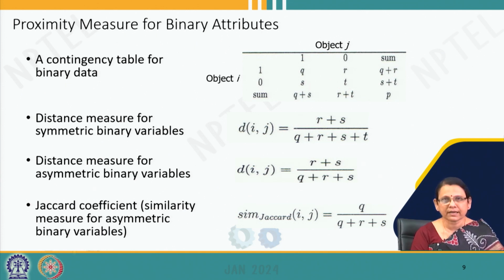In case of a symmetric binary variable, both 0 and 1 are important. When I say both 0 and 1 are important, it means when you give 0, it essentially says absence of something. But in case of asymmetric, if you give 0, it does not necessarily say absence of a certain feature.